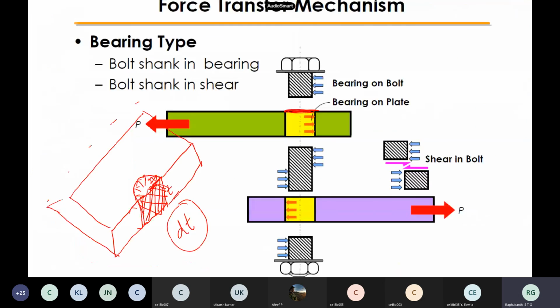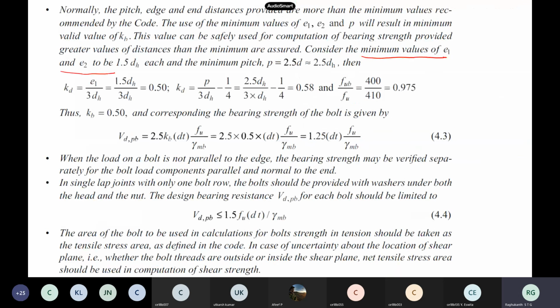If I substitute my minimum values here, approximately 1.5 times d by 3 times dh turns out to be 0.5. Then for the formula with 2.5 times d by 3 times dh, it turns out to be 0.58. If you take mild steel, fu is 410, the material properties are known, and this turns out to be 0.975.